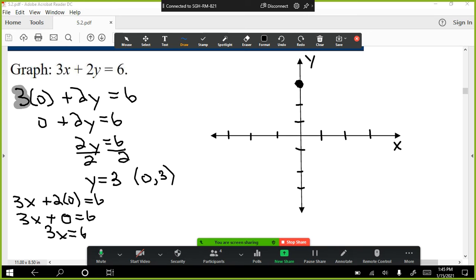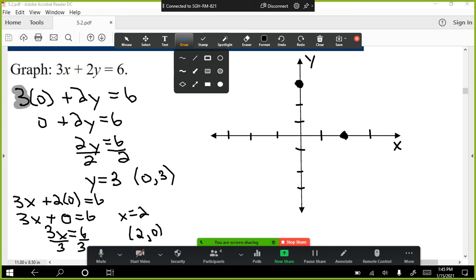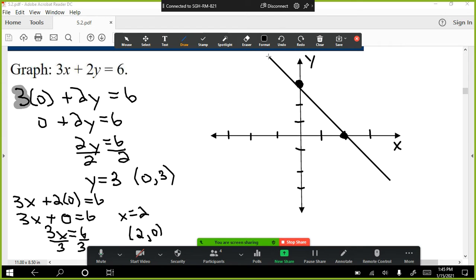So when I have 3x equals 6, I divide by 3, and I get x equals 2. So if I go to 2 on the x-axis, that's the x-intercept. That point would be 2, 0. Then to draw the line, I just put a line connecting those 2 dots, and I have now graphed that line using the x and y intercept.